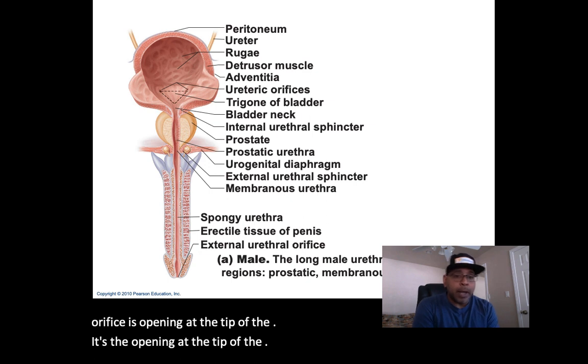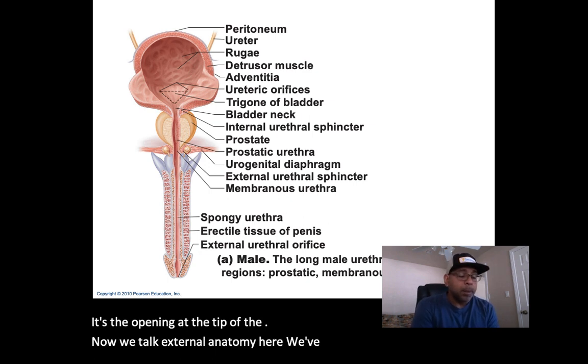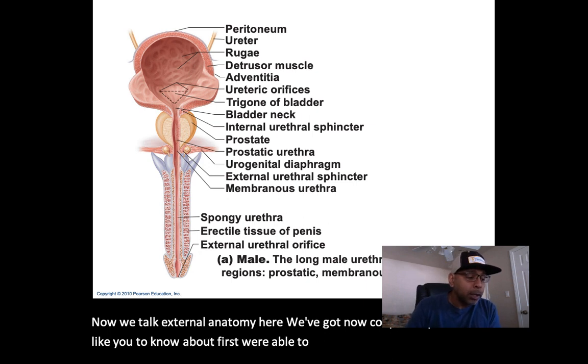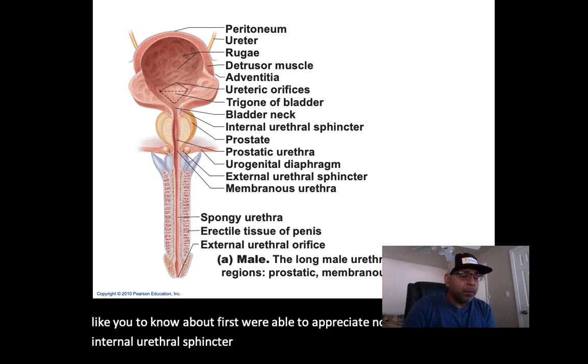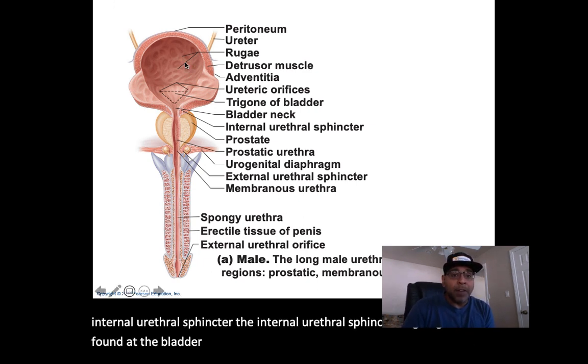Now, when we talk about the sphincters, there are a couple I'd like you to know about. First, we have what we call the internal urethral sphincter. The internal urethral sphincter is found at the bladder-urethra junction, and you can see that right inside of here.